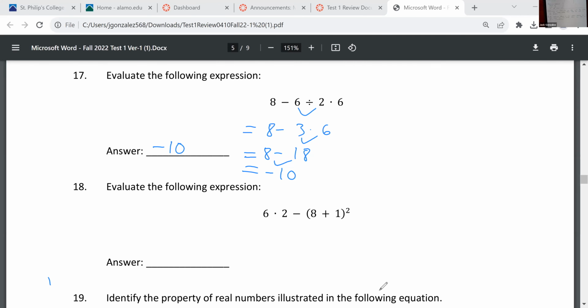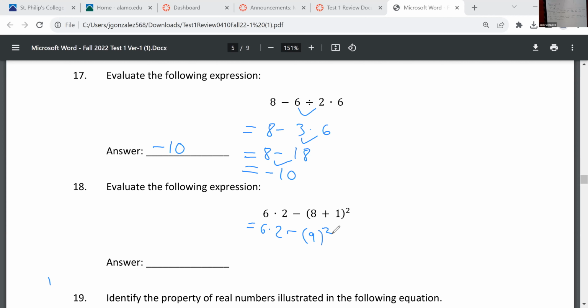On the next one, the exponent, that whole piece, right? Parentheses has highest priority. Work inside there first. A plus one, 9.